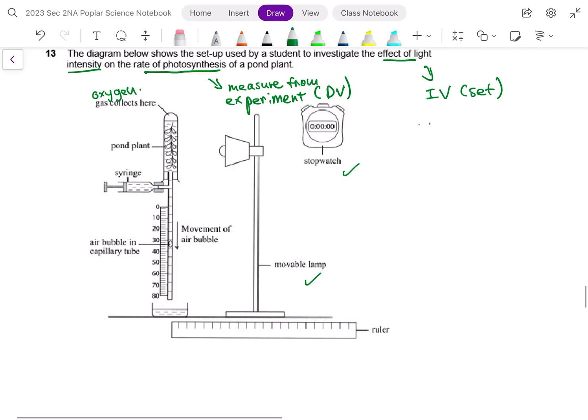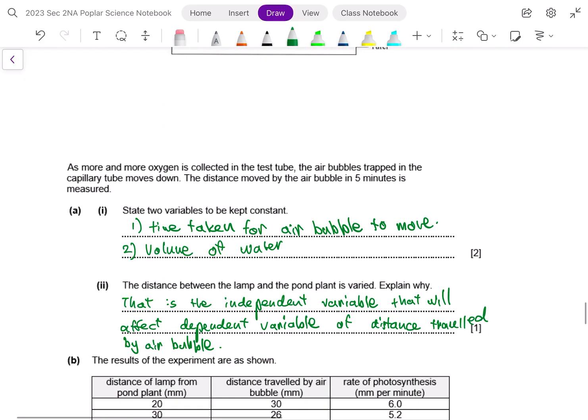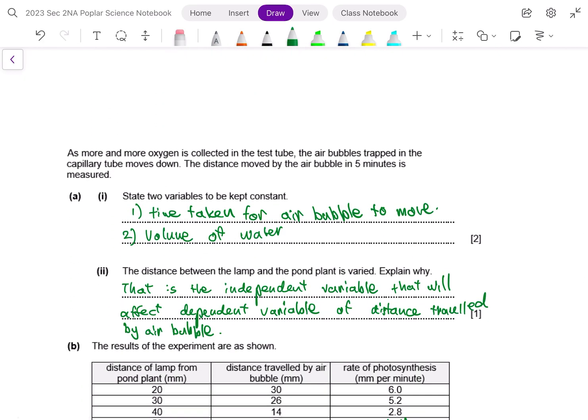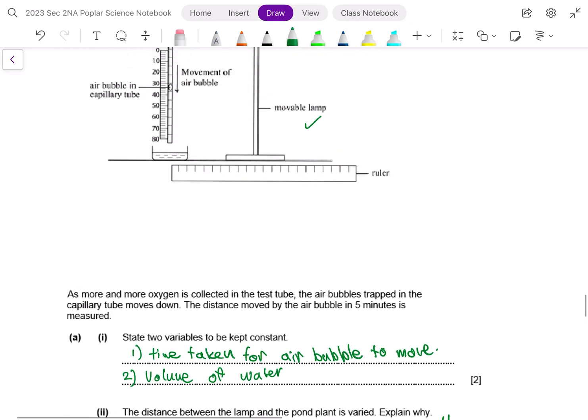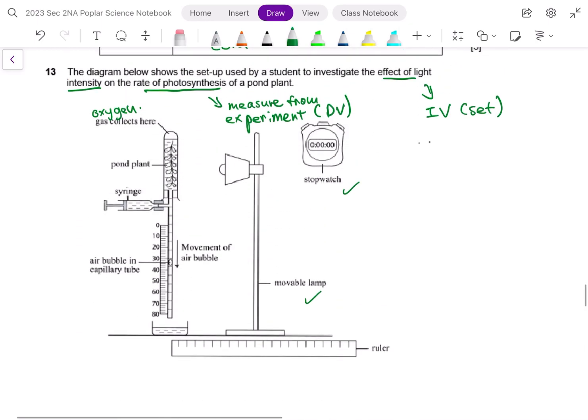So there's a couple of things. That one you can set by the distance of the lamp from the plant. Then this one you have to measure rate, so you actually need two things.